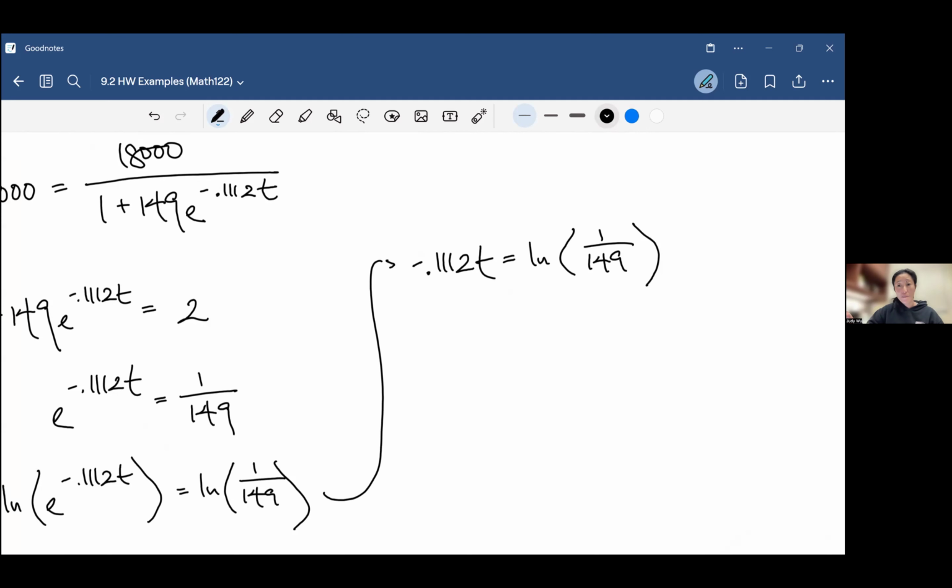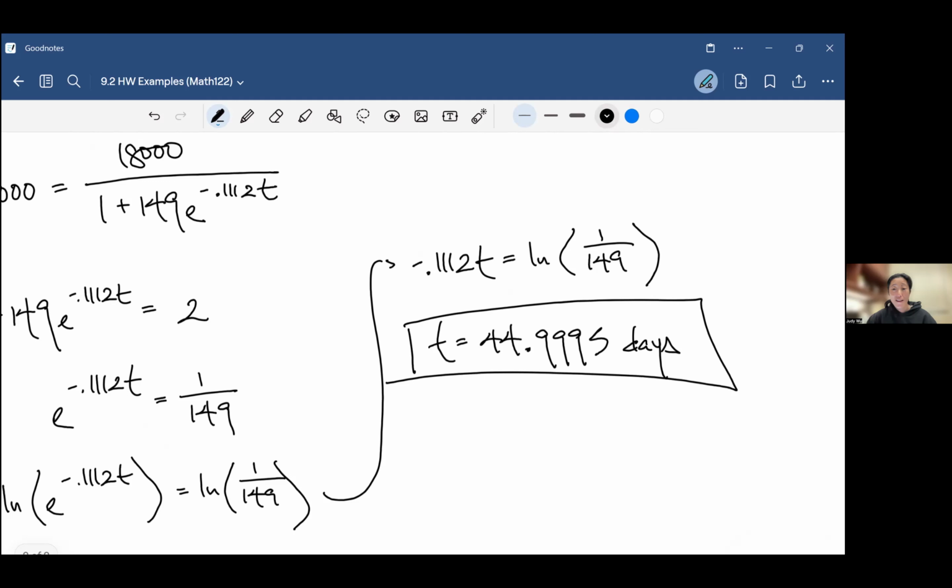Okay, last step, I'm going to divide by that negative value, and I'll get natural log of 1 divided by 149, all of that divided by negative 0.1112, and I will get 44.9995 days. So basically, on day 45, half of the people are going to be infected.